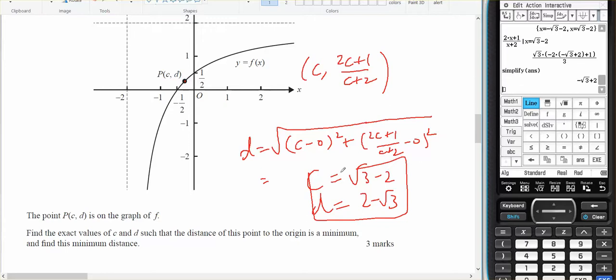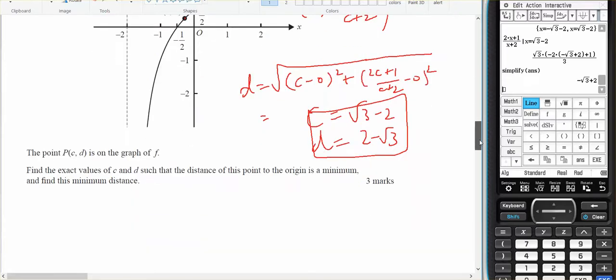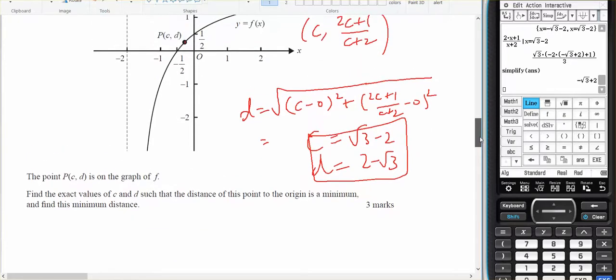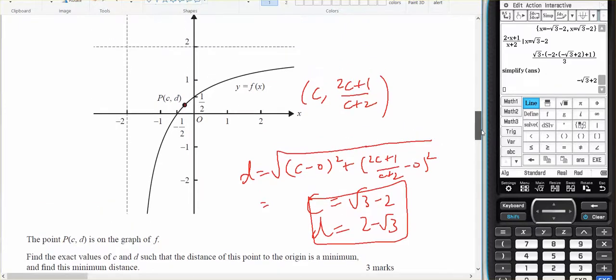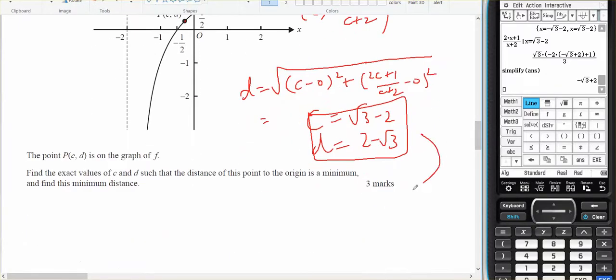So those are the coordinates. Find the exact values of C and D such that, okay, that's what I did.